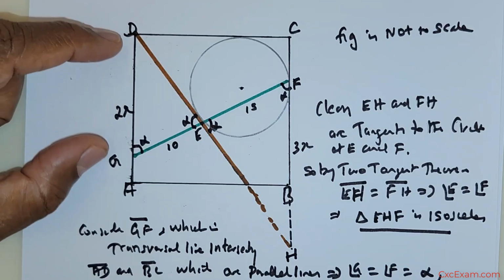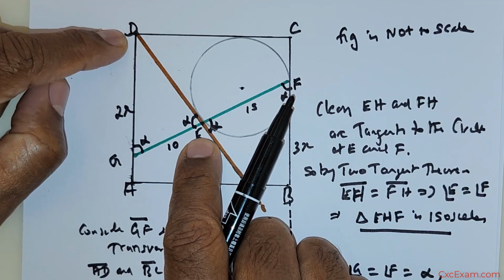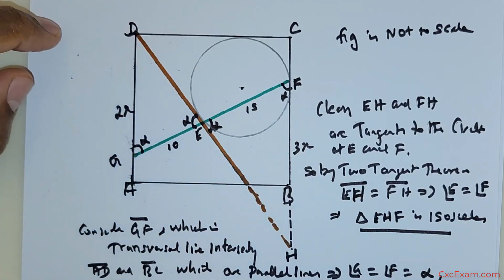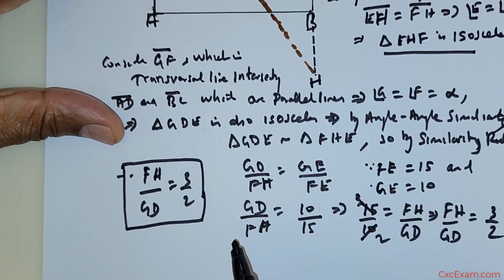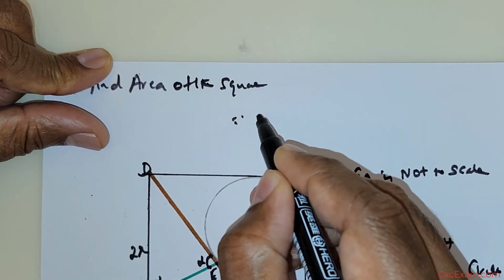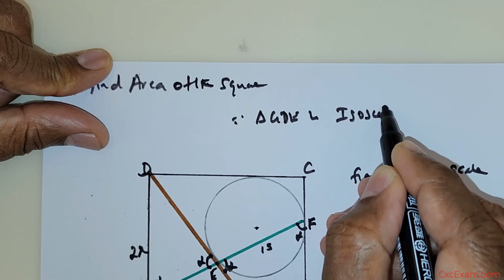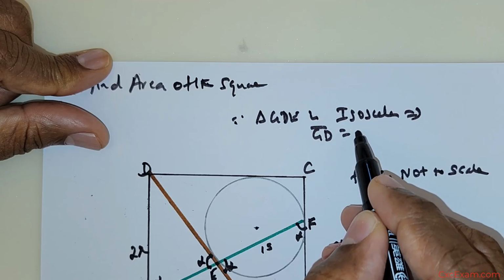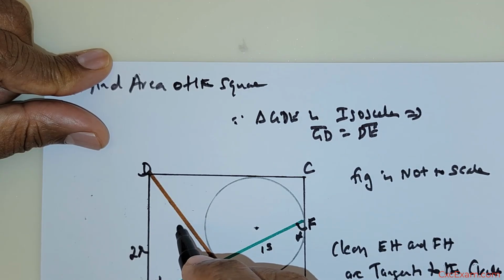So clearly we see that GD and DE are two sides of the triangle GDE. Now GDE is isosceles, so I'll write it here. Since triangle GDE is isosceles, this means GD length will be same as DE. So this is 2x. So that means this length will also be 2x.